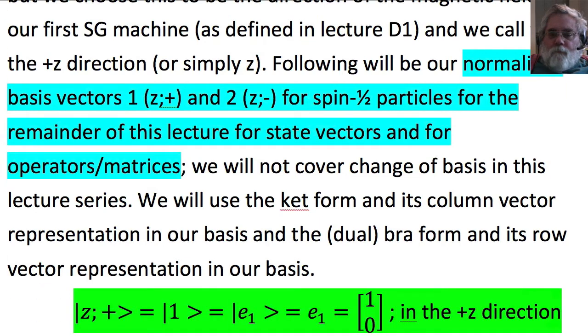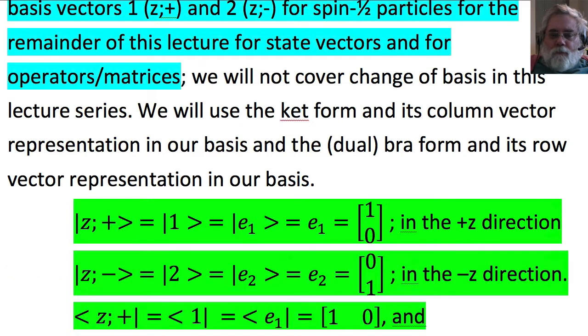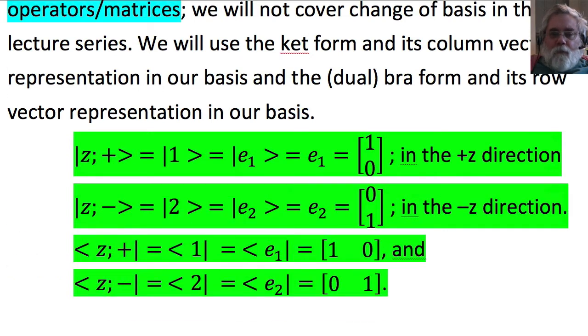We will use the ket form and its column vector representation in our basis, and also the dual bra form and its row vector representation in our basis. So the ket Z plus is the same as the ket 1 or E1, and in our basis the appropriate column vector is 1, 0.